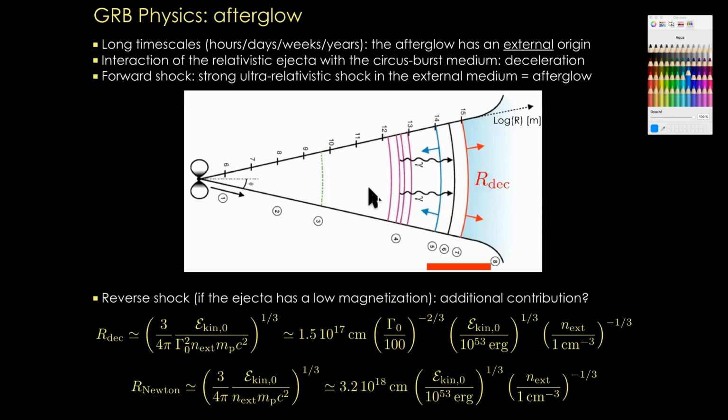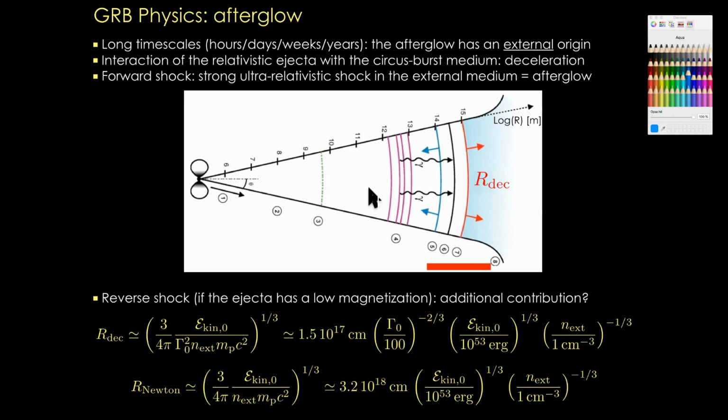Another argument is that the deceleration will lead to an ejecta which is initially highly relativistic, highly energetic, and then the Lorentz factor is decreasing, energy is decreasing, and so naturally it will lead to an afterglow emission which is initially very bright, peaking at high energy, for instance in X-rays, and then with time becoming fainter and fainter with a typical photon energy which enters longer wavelengths.